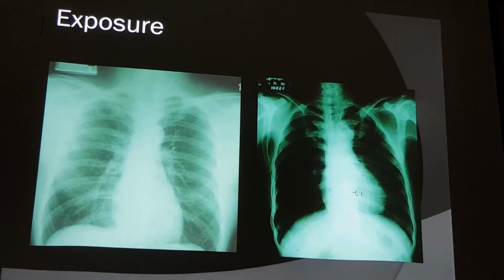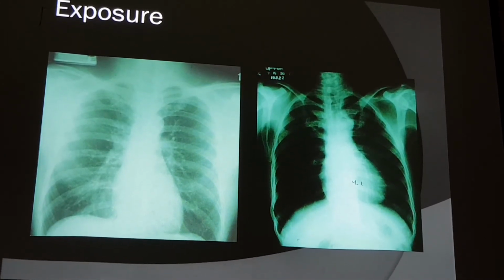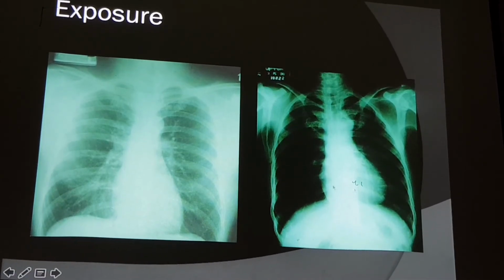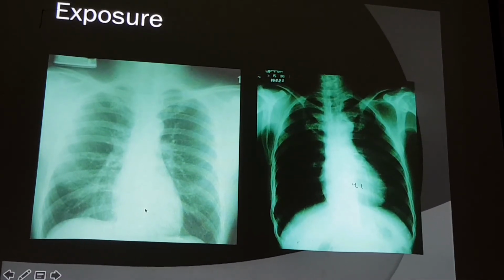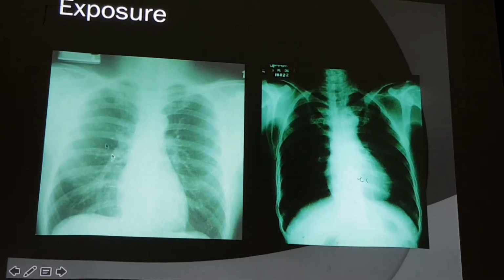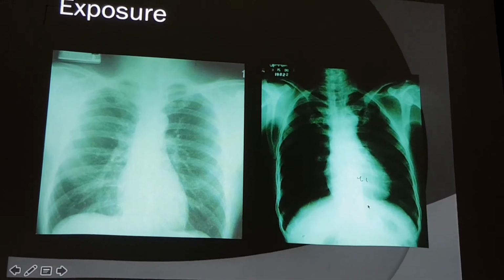If the energy is higher than usual, it will make the image black. If the energy is lower than usual, then the beams will not adequately penetrate, so it's going to appear more white. This is what we call underexposure. This is what we call overexposure.